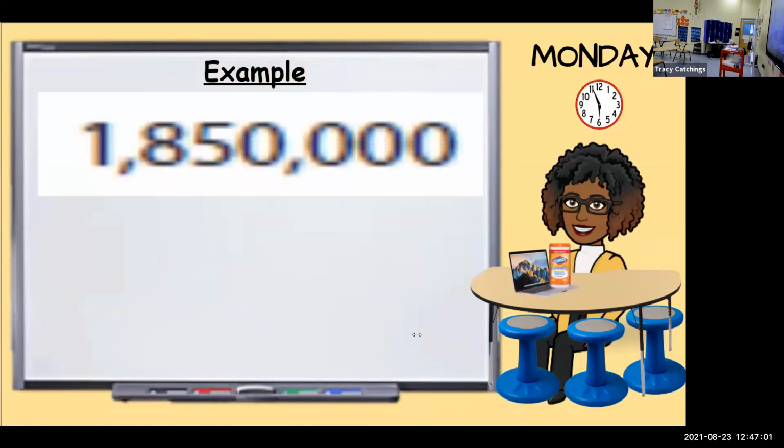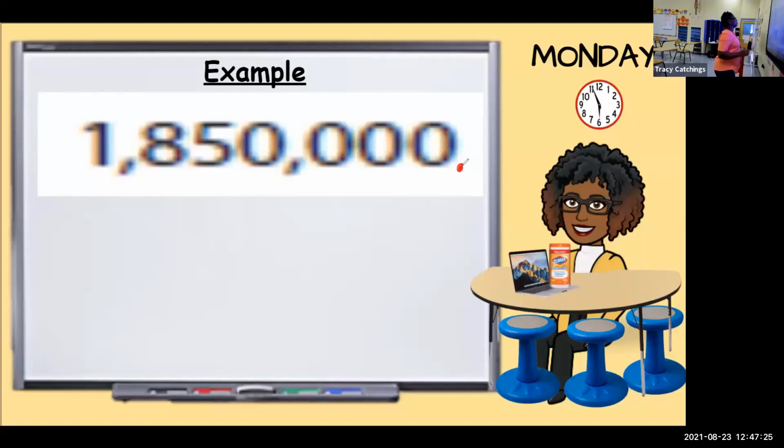All right, so now let's do some exploring. This is our first example. They gave us 1,850,000, and they want us to put that in scientific notation. You all know me, I'm pretty procedural. So that first step told us we would shift to get one digit in front of the decimal. Now notice it's a large number. So any large number that doesn't have a decimal, the decimal will go at the end.